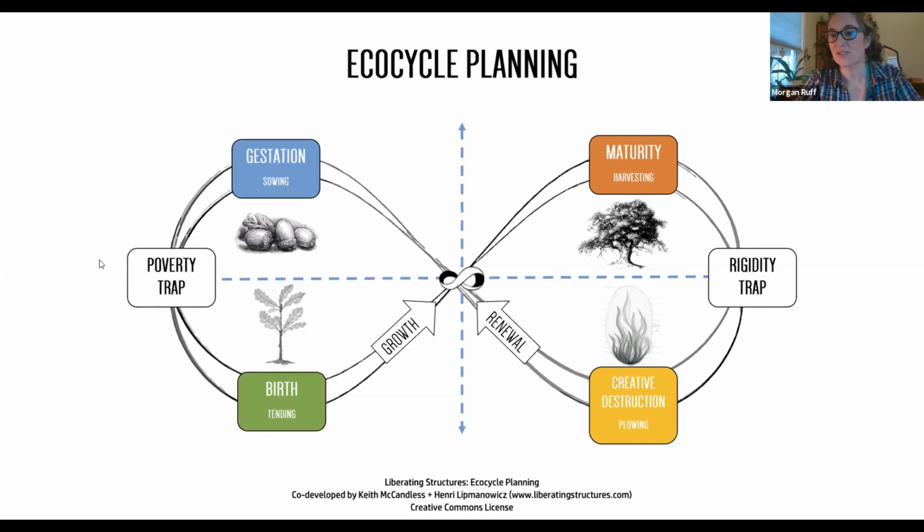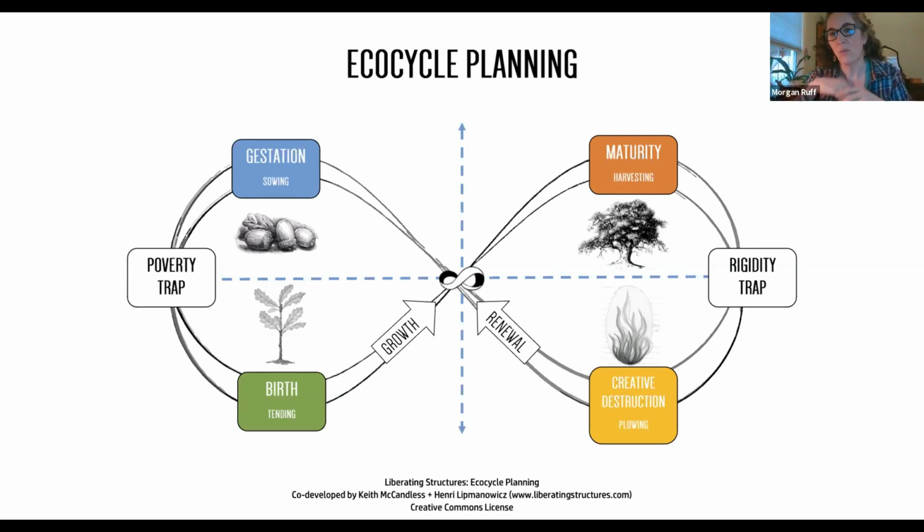So this is the transition that we're in right now of moving from winter to spring. What resources are needed to nourish? What are you not giving enough to? What are you needing more of to really create that? And then over here, from maturity to creative destruction, there's a rigidity trap. What are you holding on to? What's old?